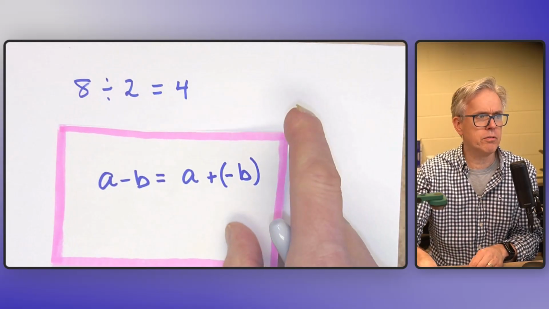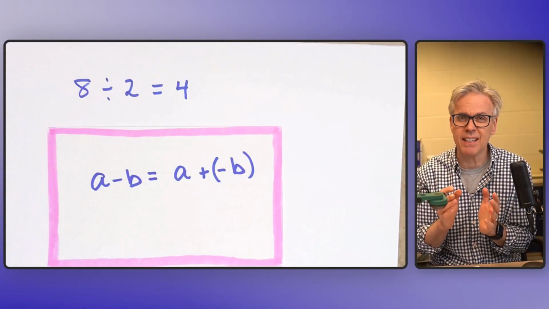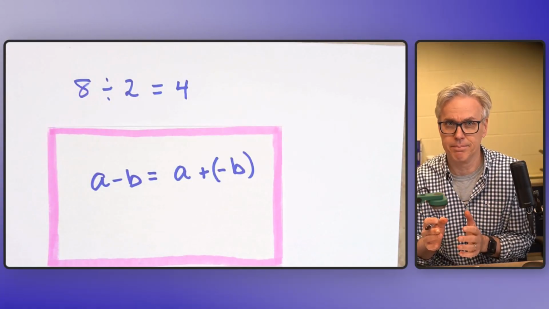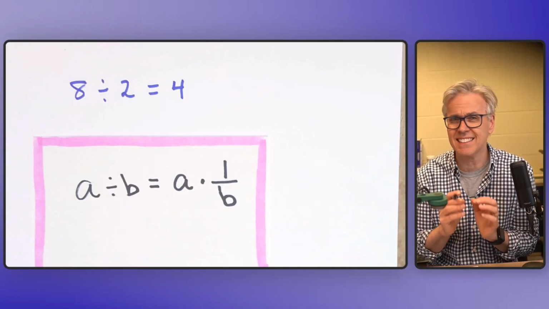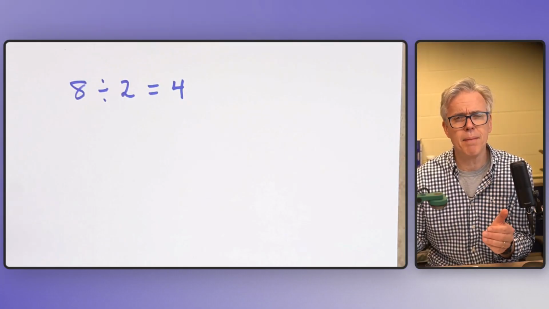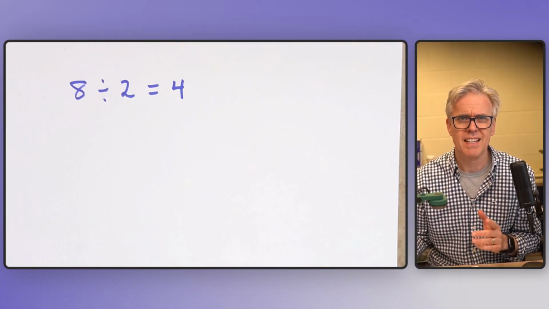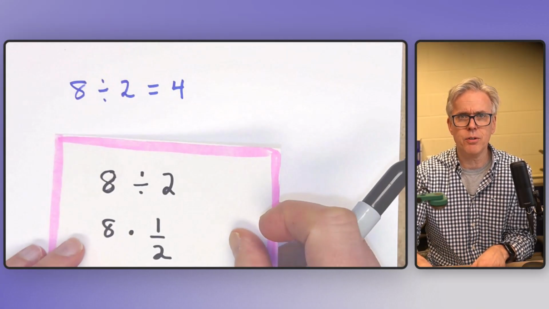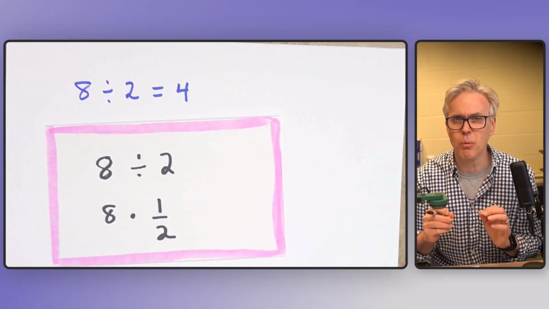Recall when we generalized subtraction, we stated that a minus b is the same thing as a plus a negative b. In the same way, I'm going to say that a divided by b is the same thing as a times 1 over b. In other words, dividing by a number means the same thing as multiplying by its reciprocal. Looking back at 8 divided by 2, we're stating that it is the same thing as 8 times 1/2.